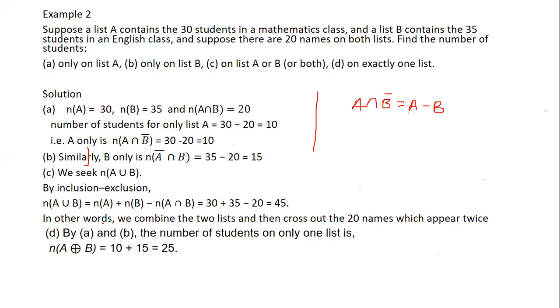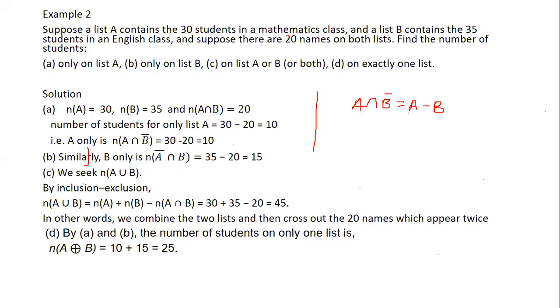Now, the number of A union B, we have seen this already. It's equal to the number of A plus the number of B minus the number of A intersection B. We don't know the total number. We only know those for mathematics, those for English, and for both of them.